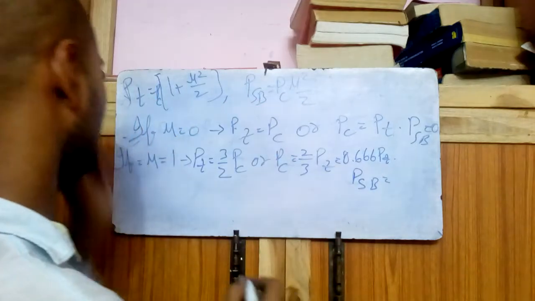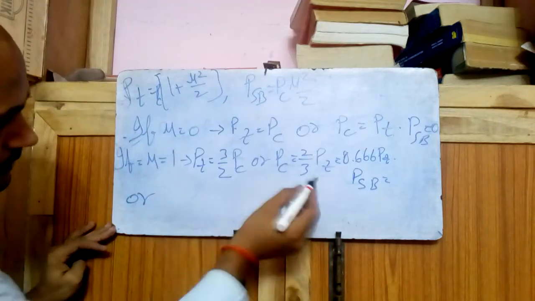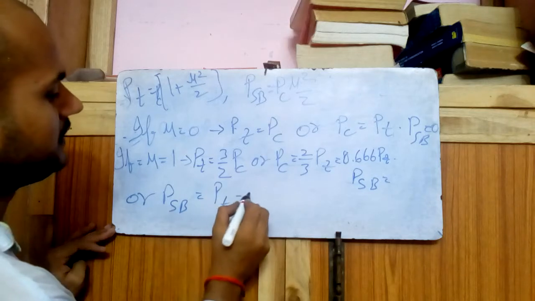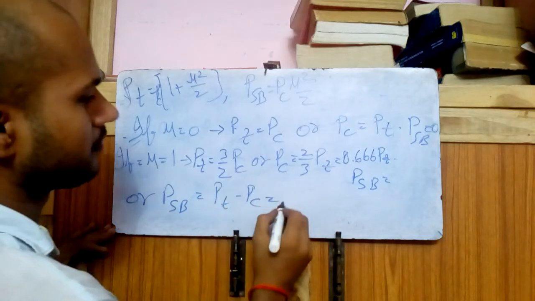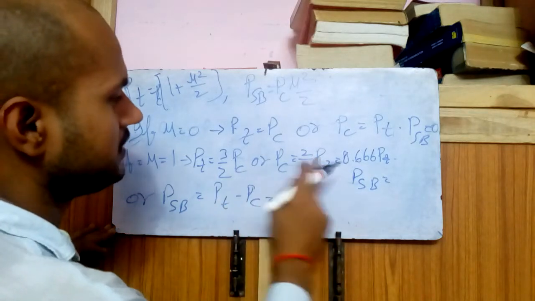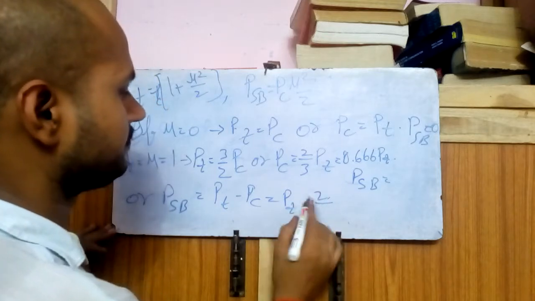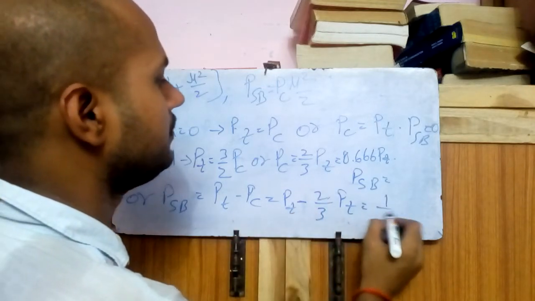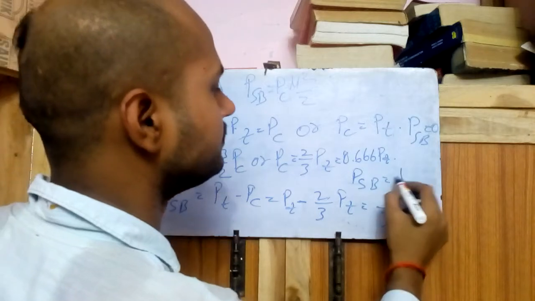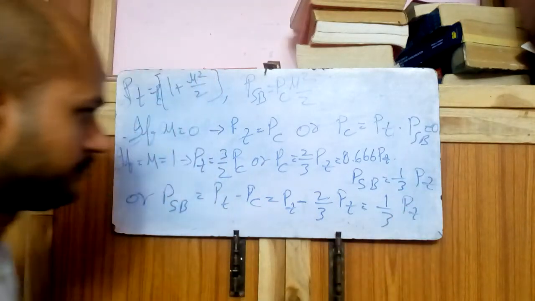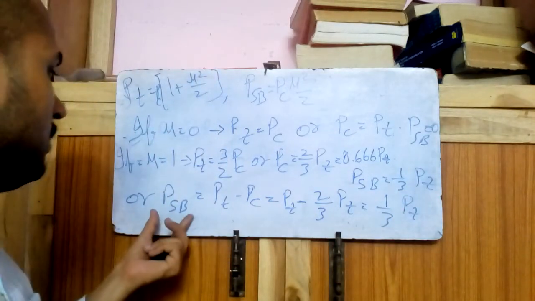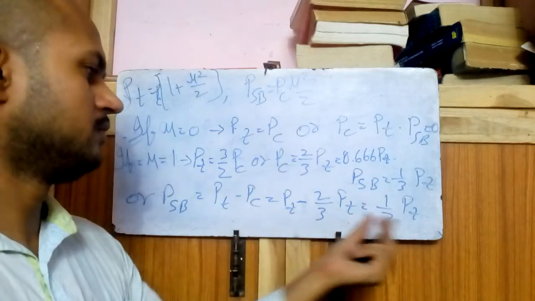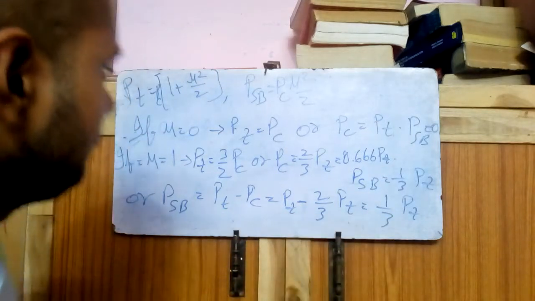Psb is equal to Pt minus Pc. Pt minus 2 by 3 Pt is 1 by 3 Pt.